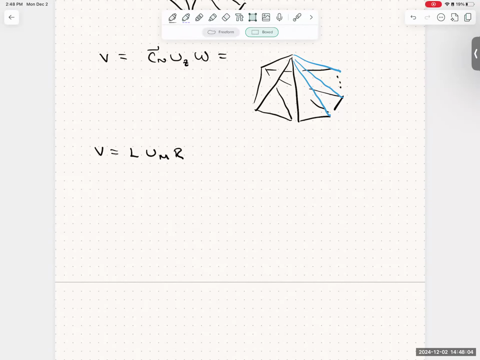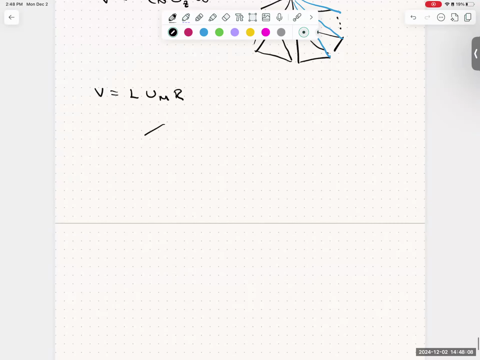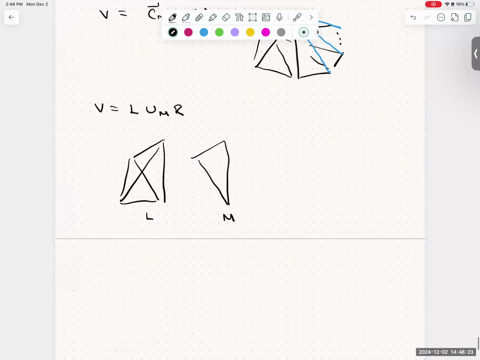And in this case, we have L is going to be the boundary of delta 3. You have M, which is delta 2.